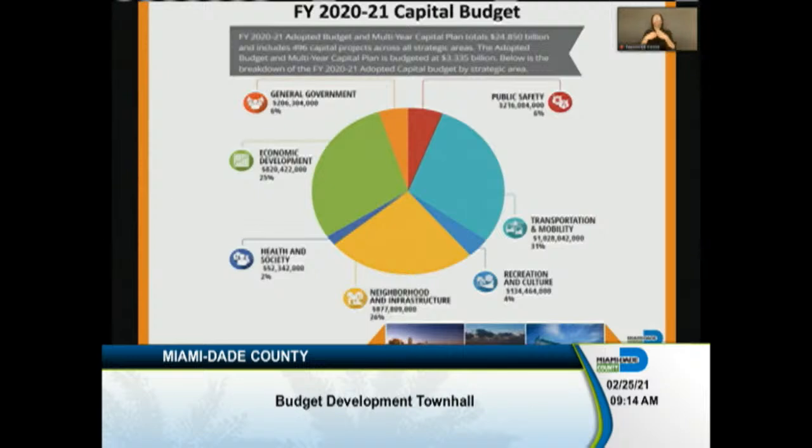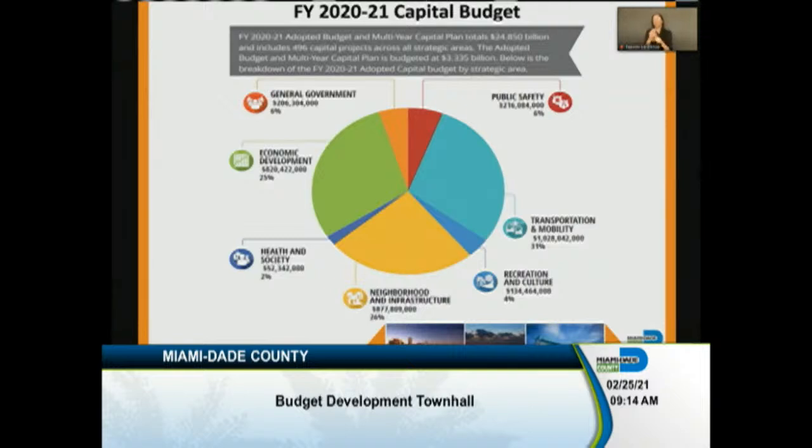The county's capital budget for fiscal year 2021 totals $3.335 billion and includes 496 capital programs countywide. A majority of these projects require years of planning and construction, while others may be completed in a shorter time frame.